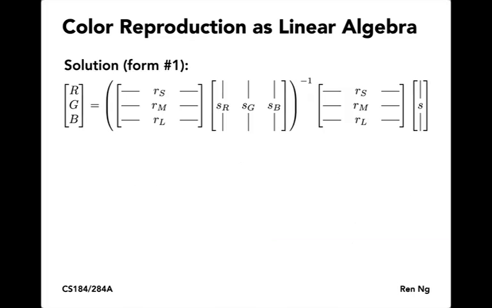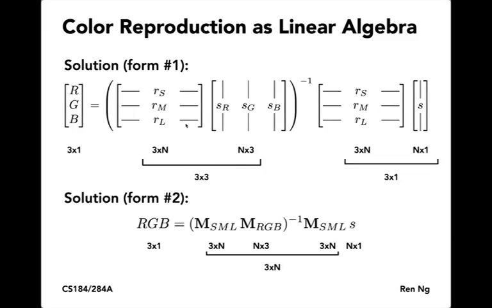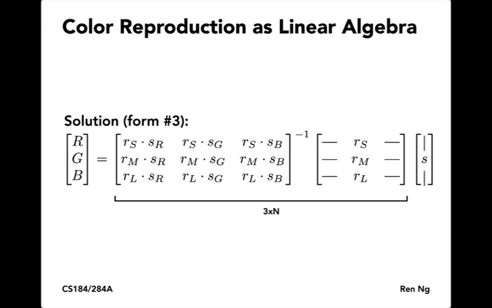By pre-multiplying these matrices together, you can write it in this format, just taking dot products between each of the corresponding terms: R sub S dot with S_R, R sub S dot with S_G, R sub S dot with S_B, and similarly for R sub M in the middle and R sub L in the bottom. This, as you can see, is going to be a 3x3 matrix, okay?